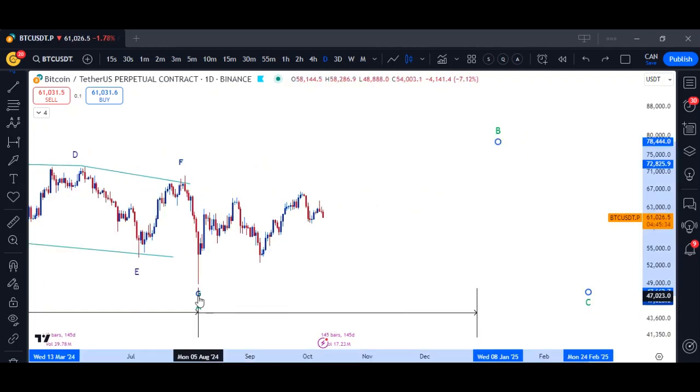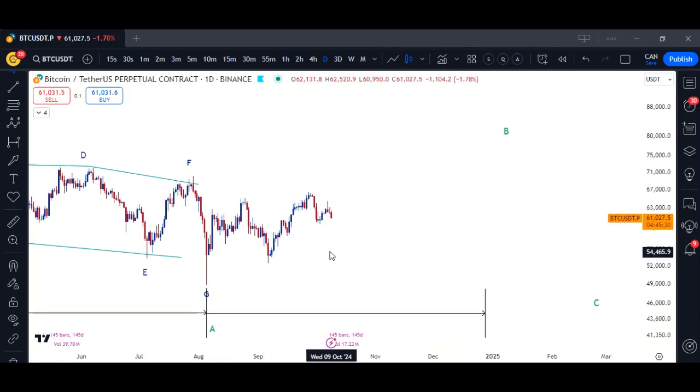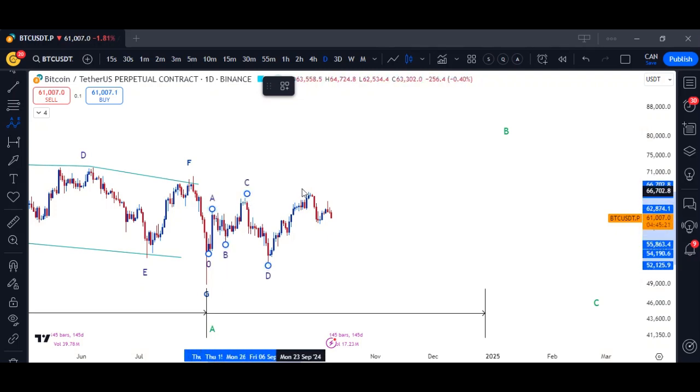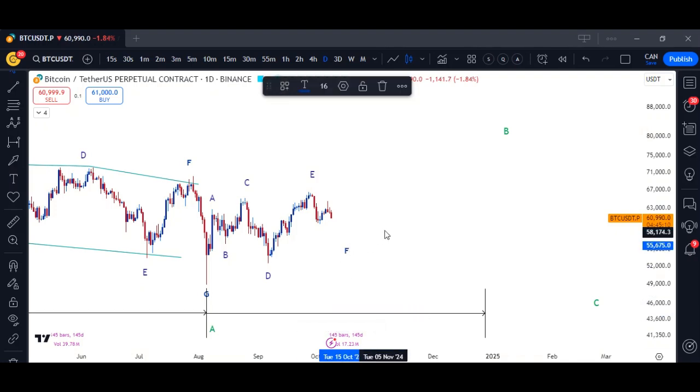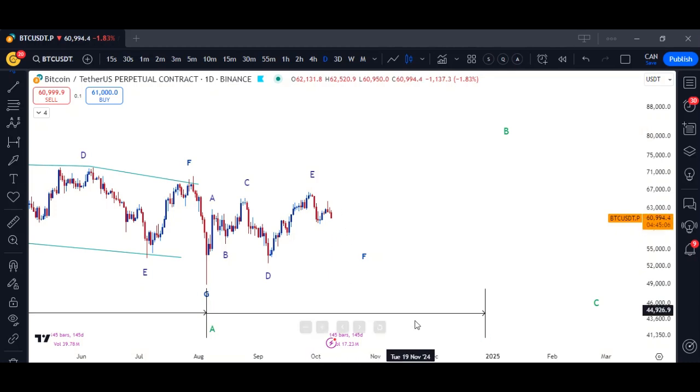So if you go to lower time frames, you could understand that we are forming another diametric pattern, because price correction and movement is very complex around here as well. So right now, as you can see, we are finishing wave F of this diametric pattern, and already price is going down.